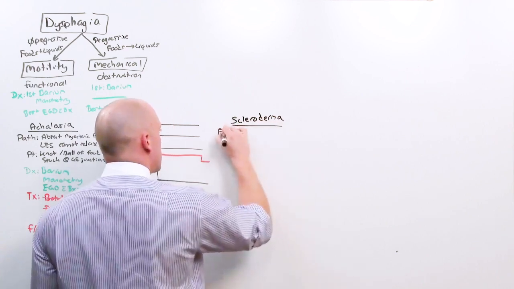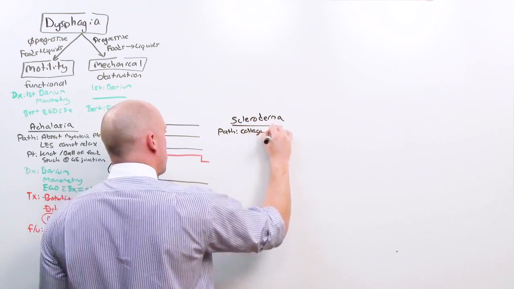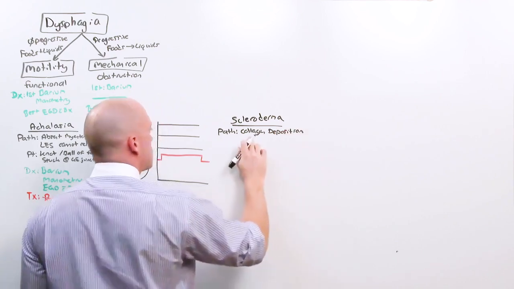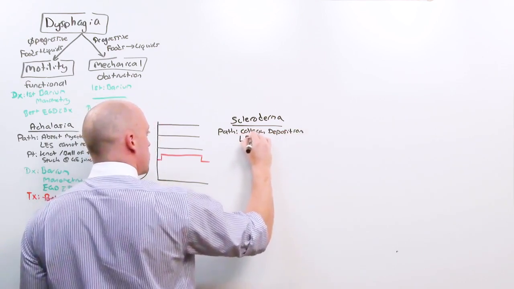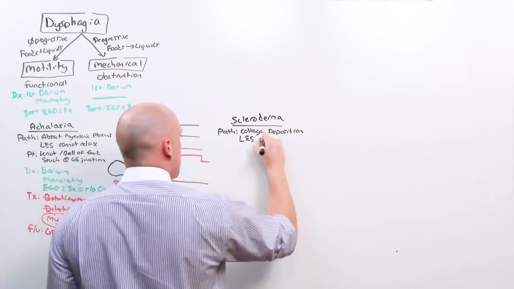And scleroderma is a collagen deposition disease, such that collagen replaces the smooth muscle of the lower esophageal sphincter. So the lower esophageal sphincter is no longer muscular and cannot contract.